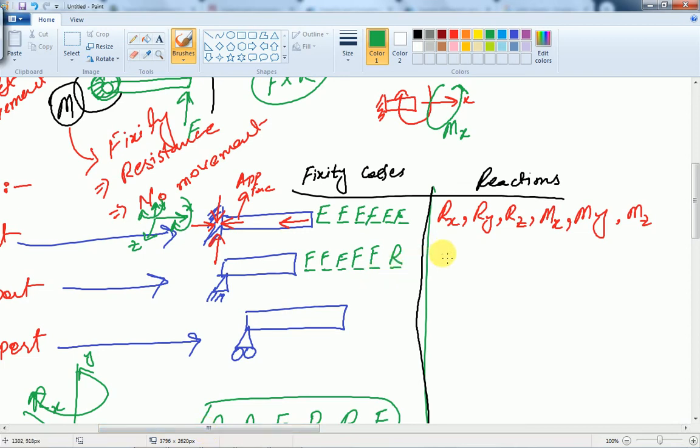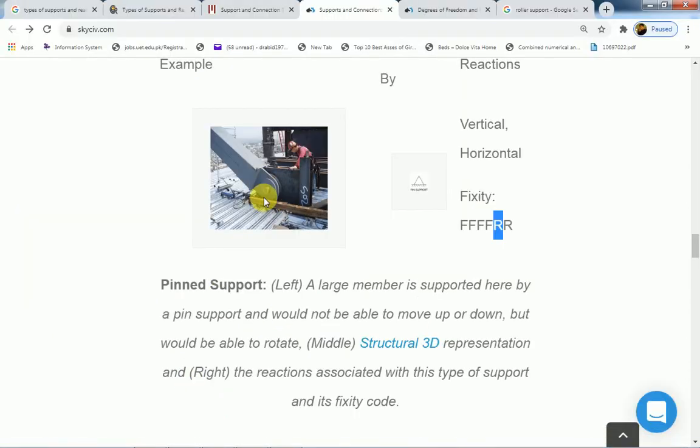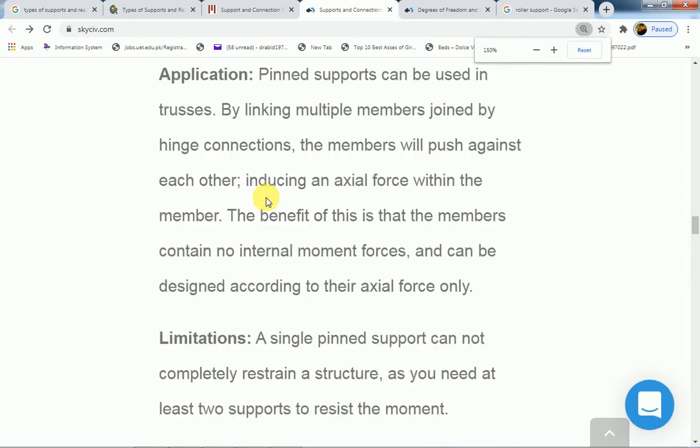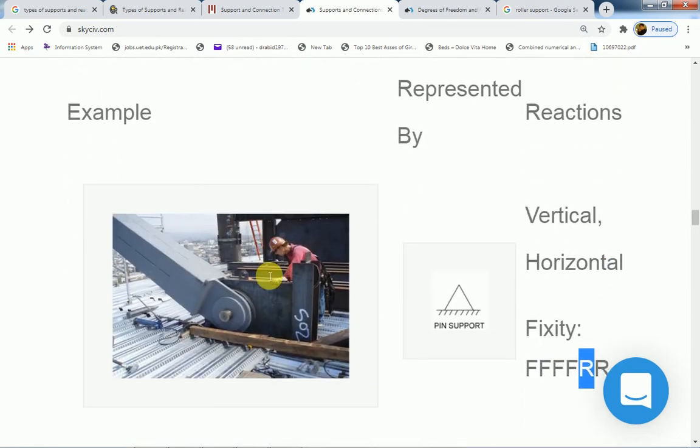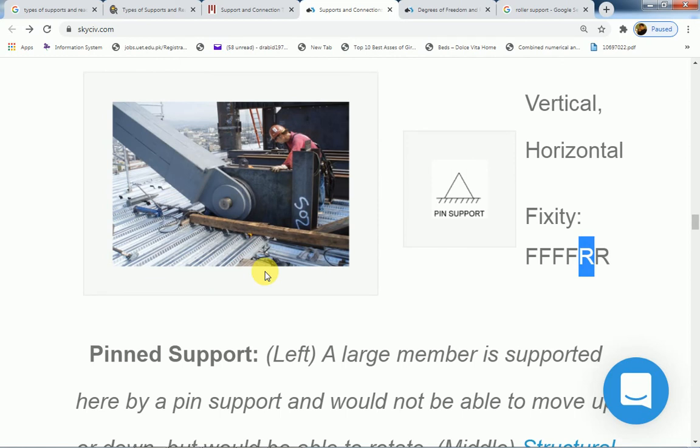As this pin support doesn't allow movement in any direction, this support doesn't allow this body to travel in x direction.